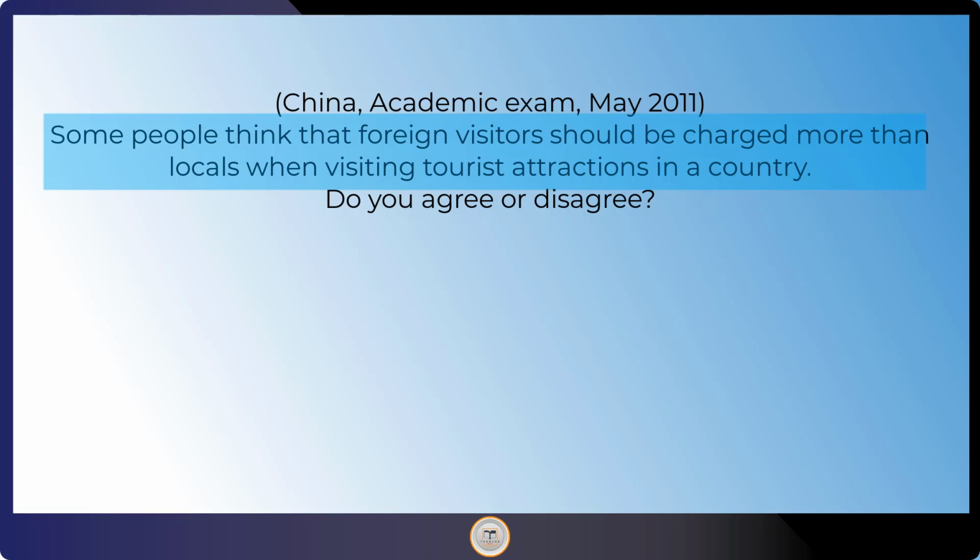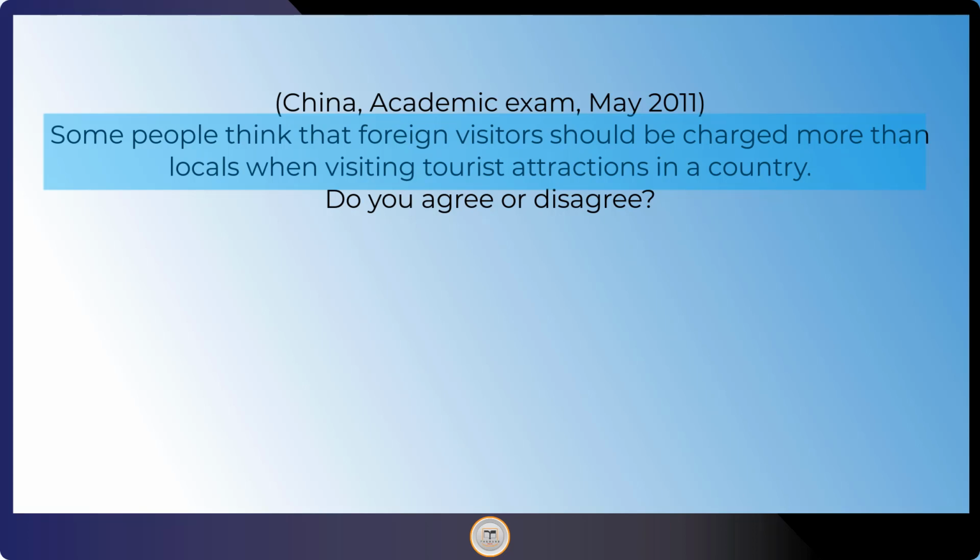So the sentence, some people think that foreign visitors should be charged more than locals when visiting tourist attractions in a country, is not really telling us to write an argument essay or to write a discussion essay or to analyze anything or to discuss both points of view or to support anything or to refute anything. It's just an opinion.